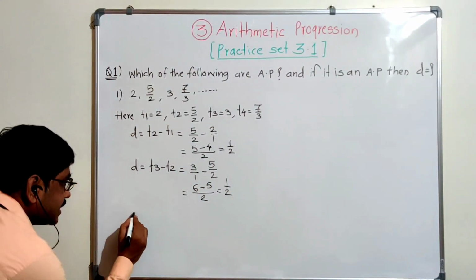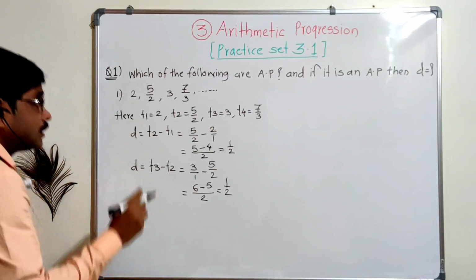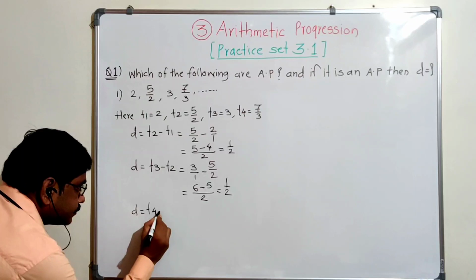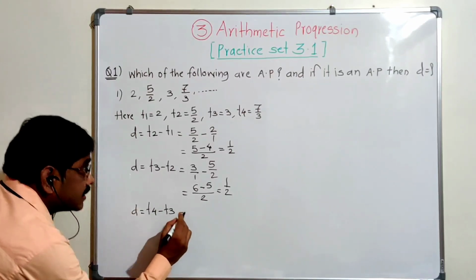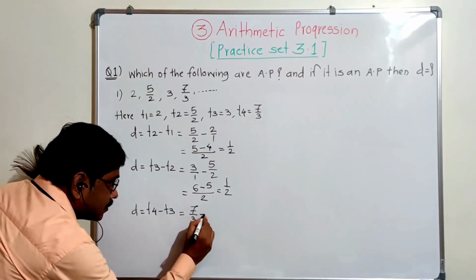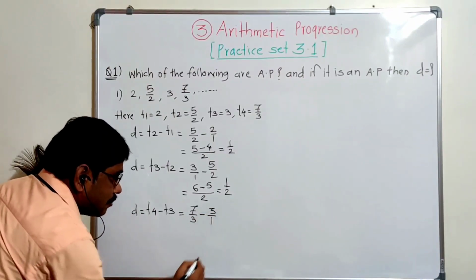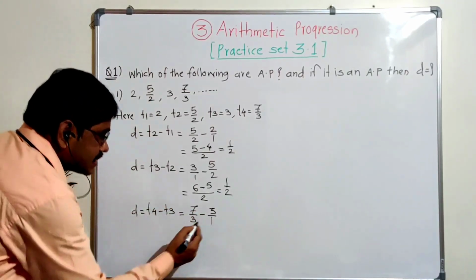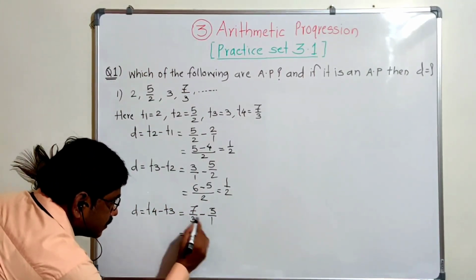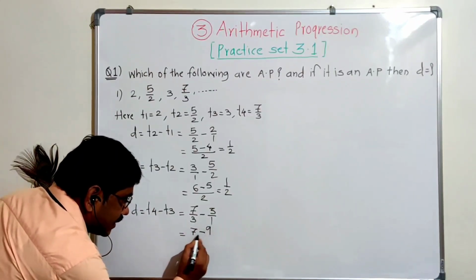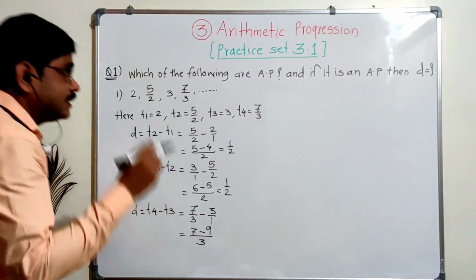Now the third difference is D is equal to T4 minus T3. What is T4? 7 by 3 minus 3 upon 1. Whenever the denominator is not there, we can write 1. 7 1s are 7 minus 3 3s are 9 divided by 3.